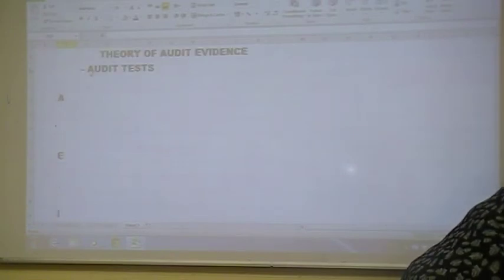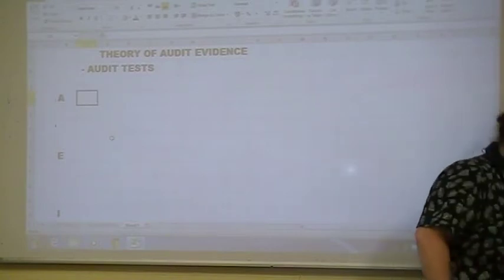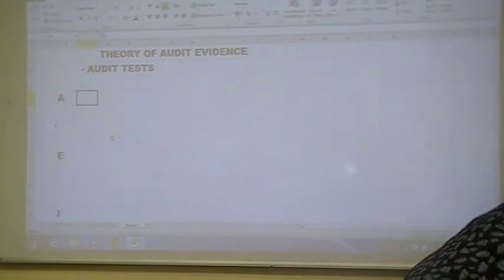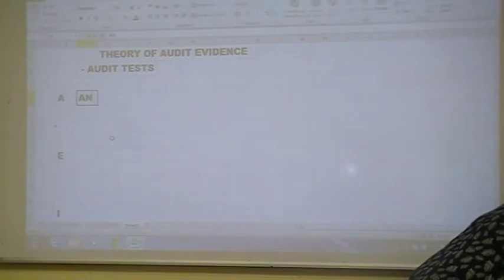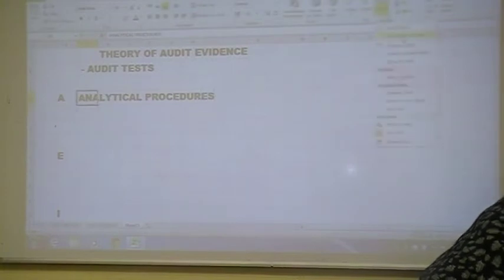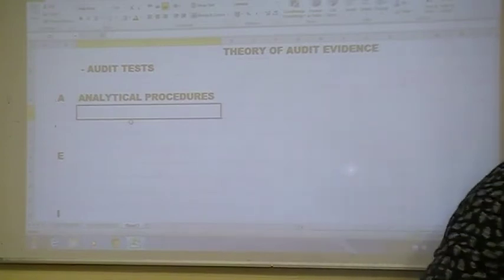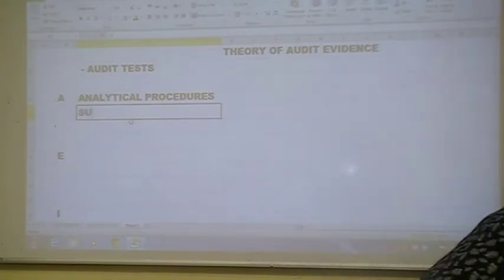It's like what audit test you perform. So we have analytical procedures, and analytical procedures are part of our substantive testing.